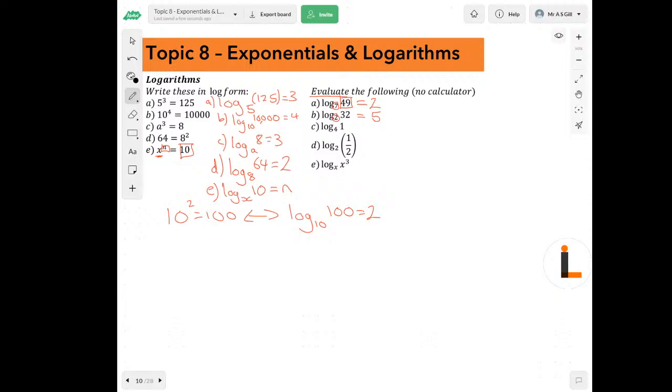So I'm just going to start going through these last 3 answers now. Again, what power of 4 will give us 1? Well, we know anything to the power of 0 is 1.